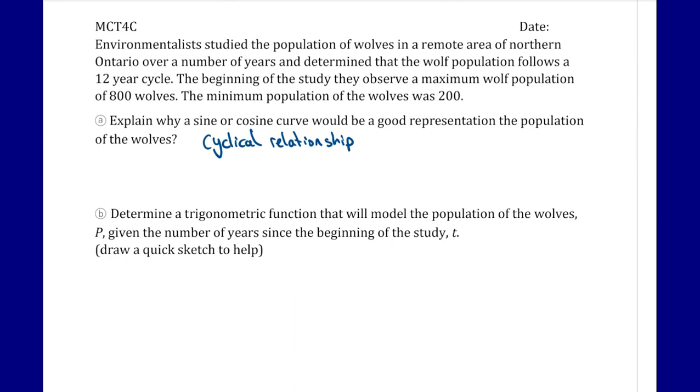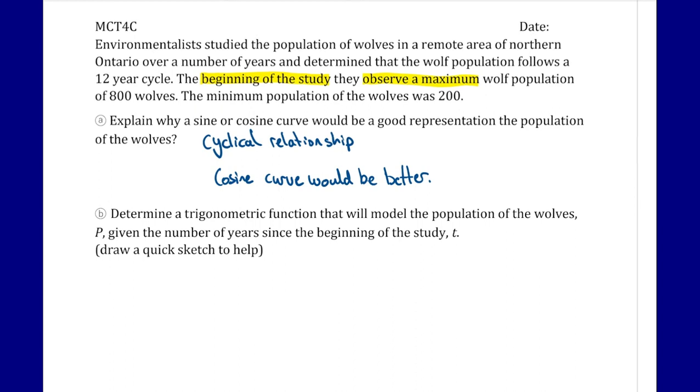And secondly, if we had to decide sine or cosine, which one would be better, I would say a cosine wave or a cosine curve. The reason is one key piece of information in our scenario: at the beginning of the study, they observe a maximum number of wolves.